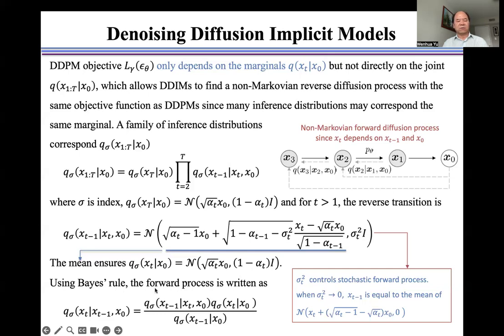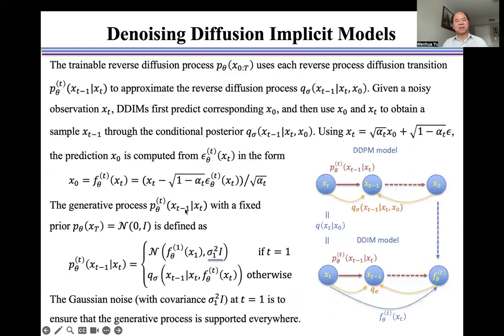Using Bayes' law, the forward process is written as here. The trainable reverse diffusion process p theta uses each reverse diffusion transition p theta t to approximate the reverse diffusion process Q sigma.